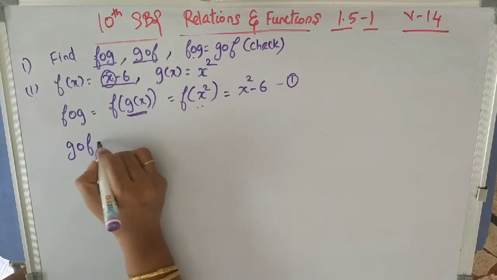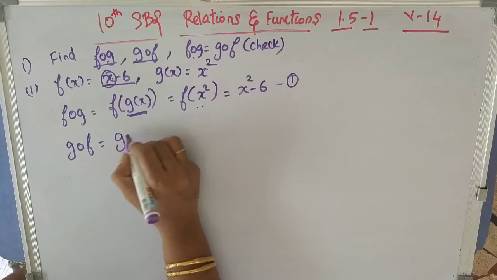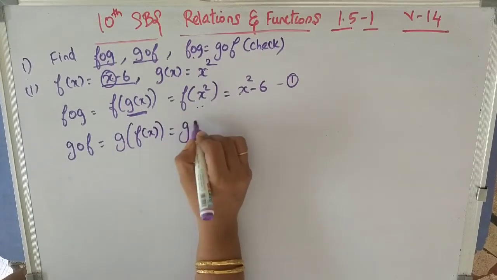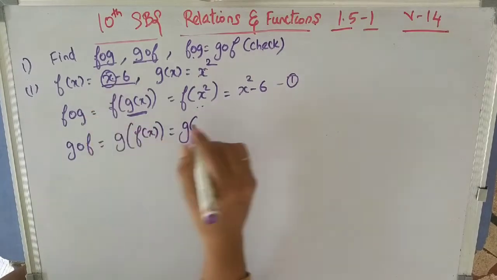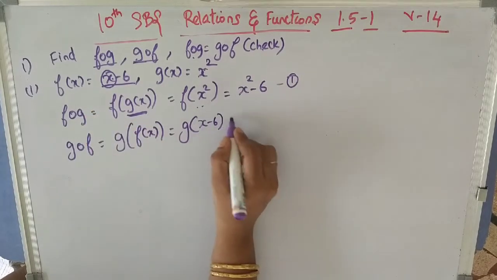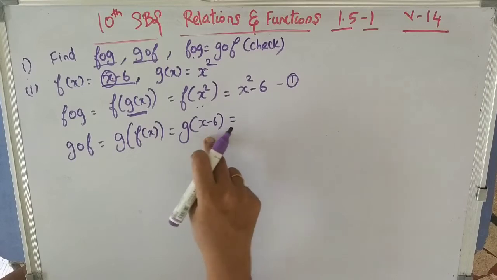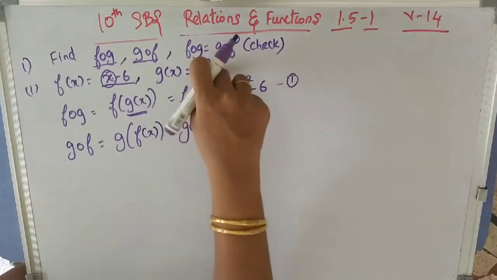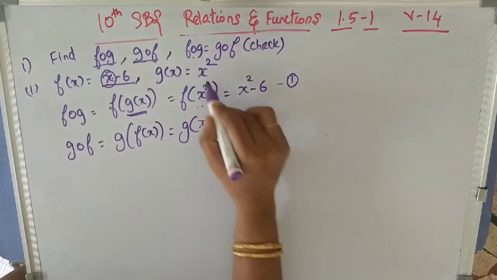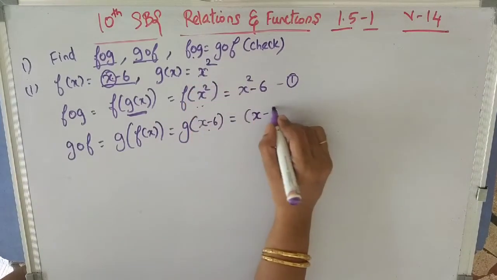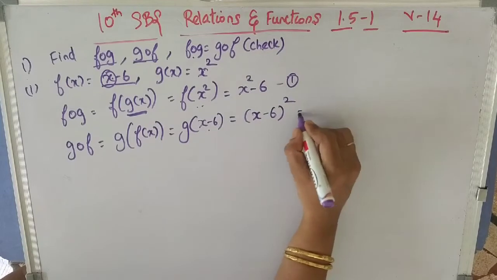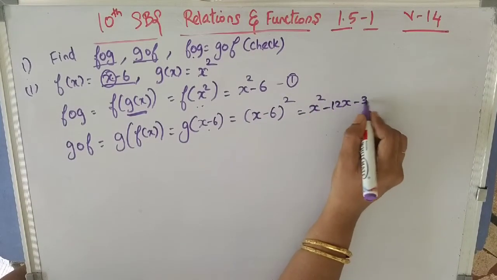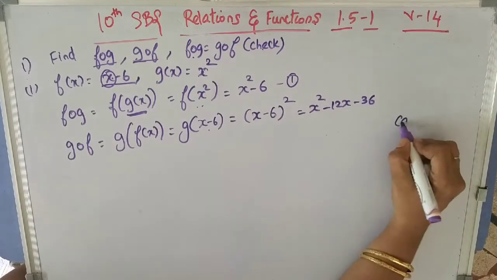Now, we have to find g dot f. That is g of f of x. So, g of, what is f of x? x minus 6. So, g of x minus 6. We have to take g of x and in the place of x, replace with this x minus 6. What is g of x? x squared. So, now it is x minus 6 the whole square, which is equal to x squared minus 12x plus 36.